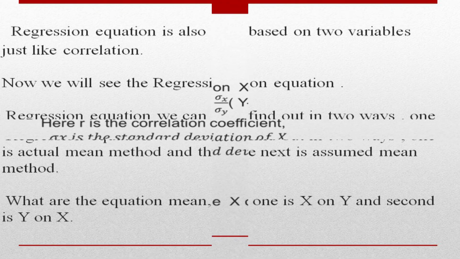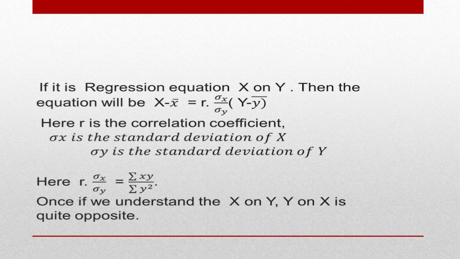If it is the regression equation x on y, then the equation is x minus x bar equal to r into sigma x divided by sigma y into y minus y bar. Here r is the correlation coefficient, sigma x is the standard deviation of x, and sigma y is the standard deviation of y. Here r into sigma x divided by sigma y equals summation xy divided by summation y square.